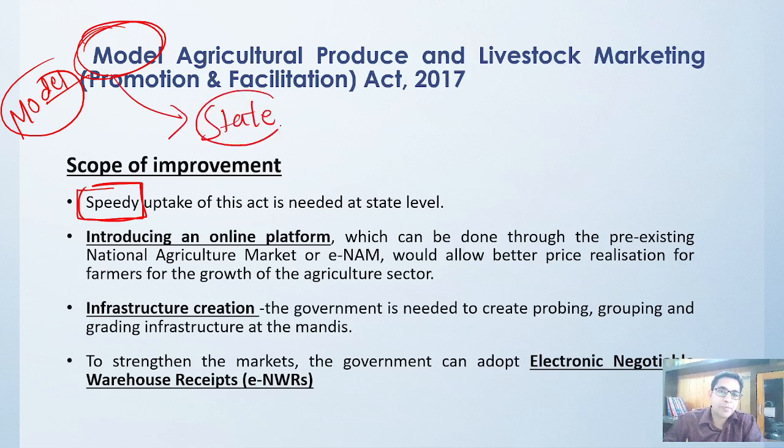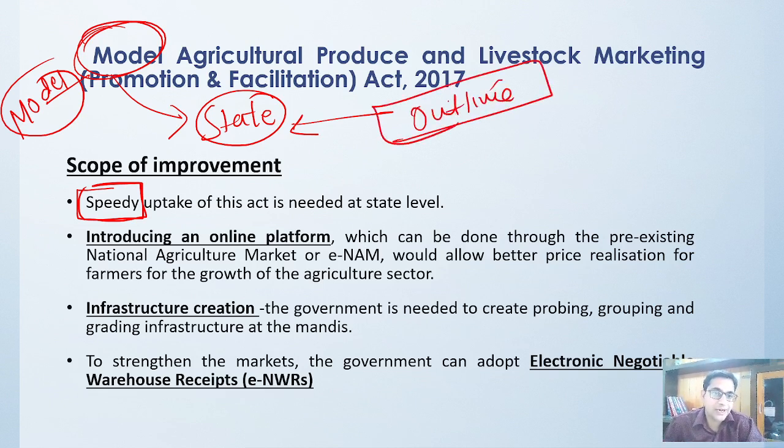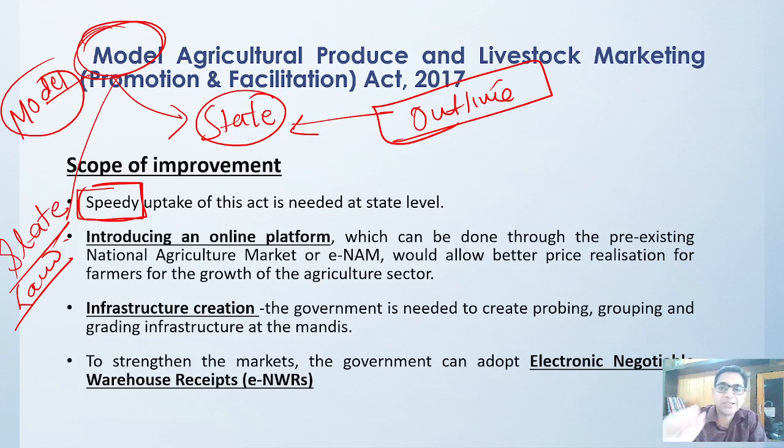The central government is providing them with an outline of what you can do, but it cannot force this act on anybody. The central government can provide the model, and based on this model the state governments can pass their own laws in their state legislatures, right? So they said that we have to speedily take up this new law in their own states.